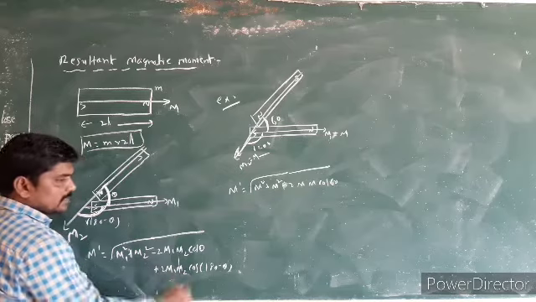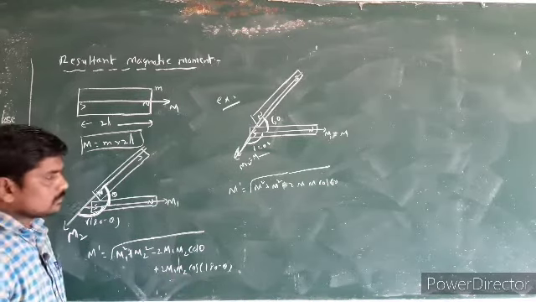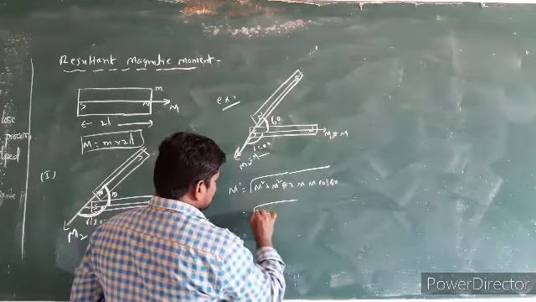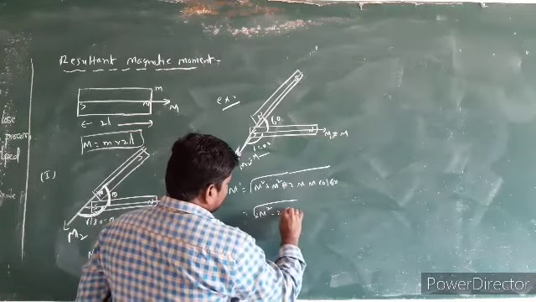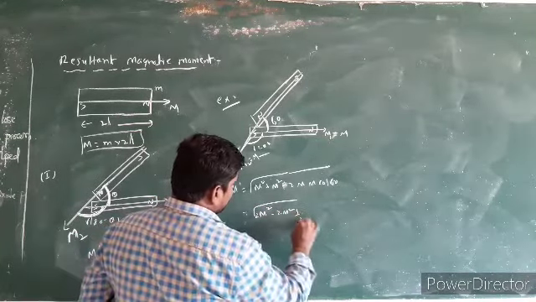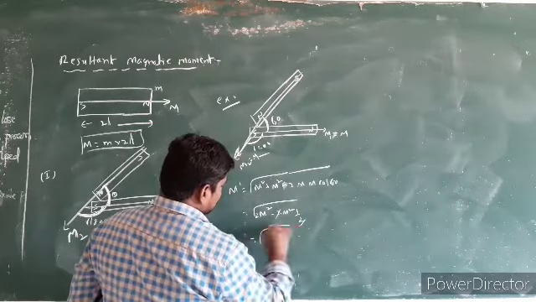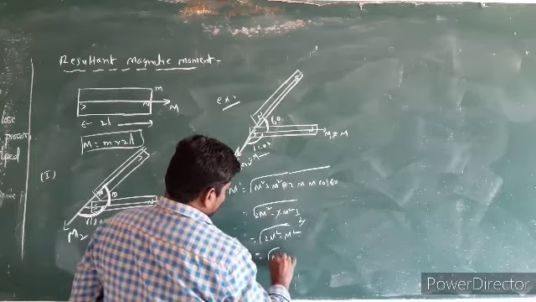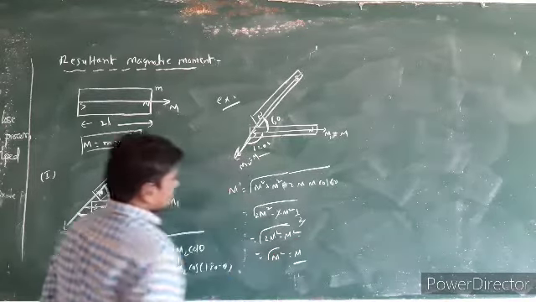From this also you can get minus. Now in this, M square plus M square is 2M square, minus 2M square cos 60, which is 1 by 2. So 2M square minus M square is equal to M square, like this.